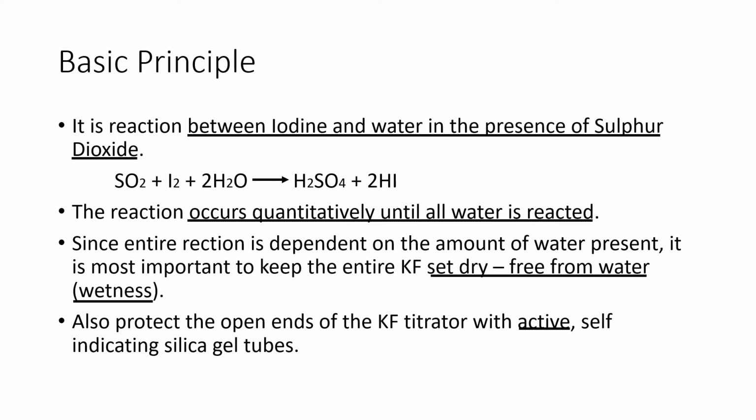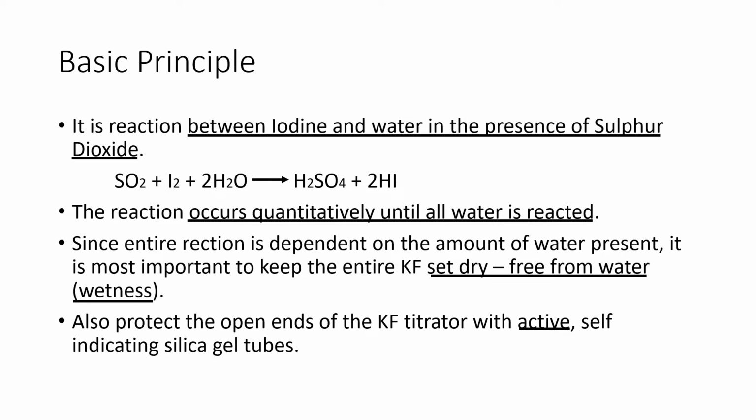The open ends include the burette, the Karl Fischer reagent pumping system, vents, etc. Active silica gel means the self-indicating blue silica gel granules. It is called self-indicating because as the blue silica gel absorbs moisture, it turns pink. So it is necessary to make sure that the silica gel in the protective tubes is always blue in color.